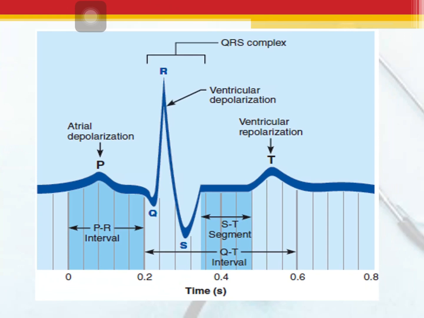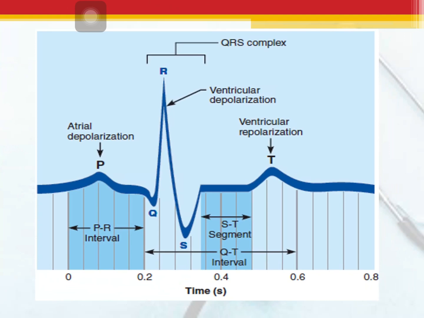So, first is the P wave. As you can see in this picture, it is a small wave that lasts about 0.08 seconds and results from the movement of the depolarization wave from the SA node through the atria. Approximately 0.1 seconds after the P wave begins, the atria contract.